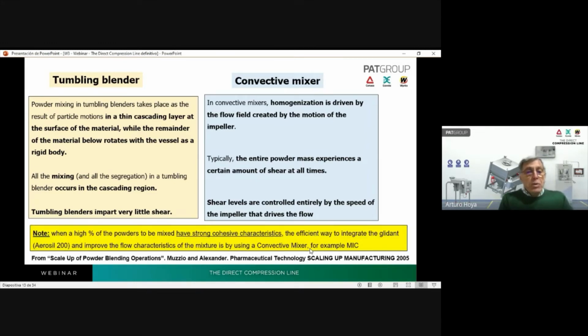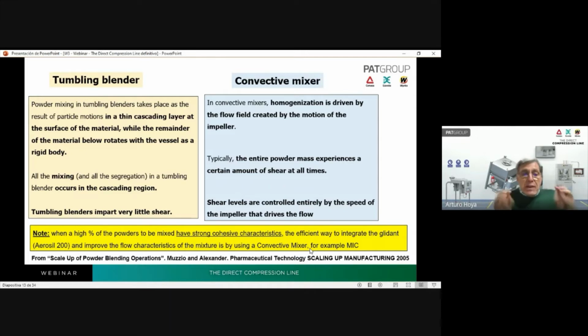And here a note: when a high percentage of the powder to be mixed has strong, big cohesive characteristics, the efficient way to incorporate the glidant, a very important excipient that gives fluidity, for example, a typical glidant in the industry is Aerosil 200.